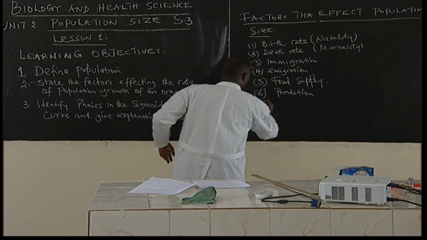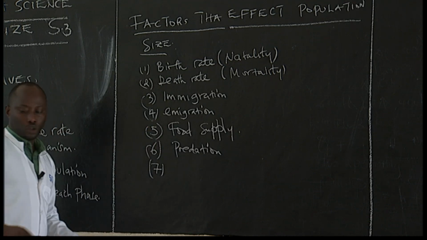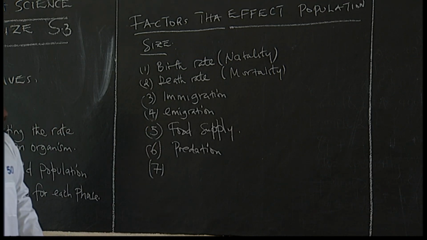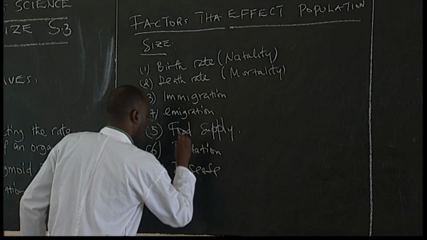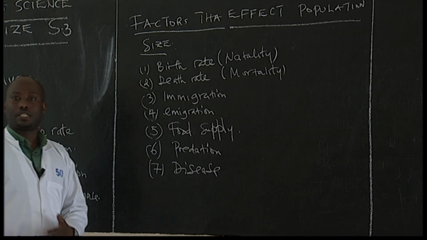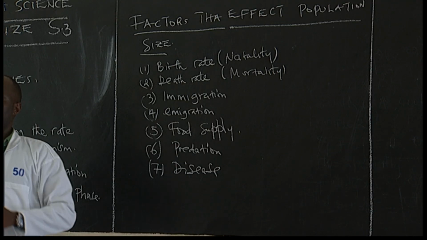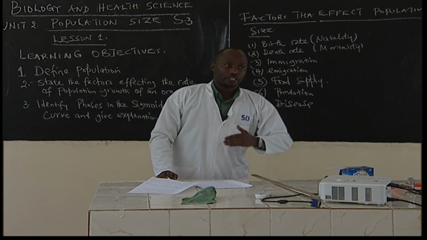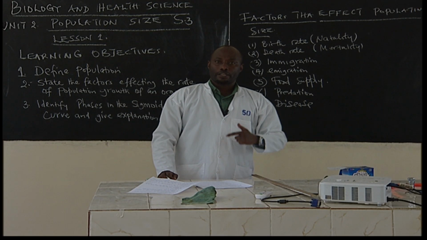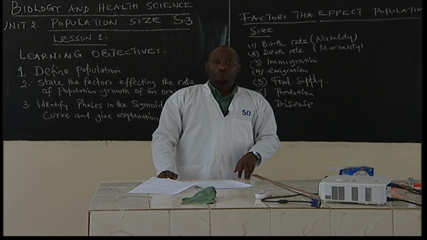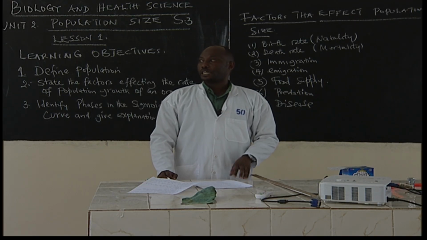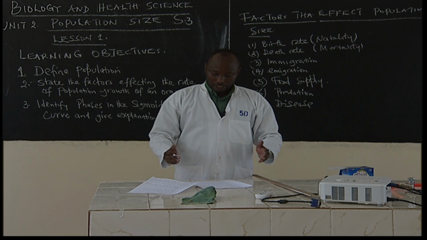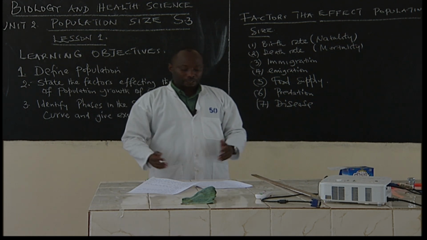Number seven, another factor, we can talk about diseases. Take an example, the outbreak of coronavirus made the population of some countries decline because it was an outbreak of a disease. I am giving the example of the coronavirus, which is a pandemic. That disease made the population of some countries decline because it is a very serious problem in a large population.